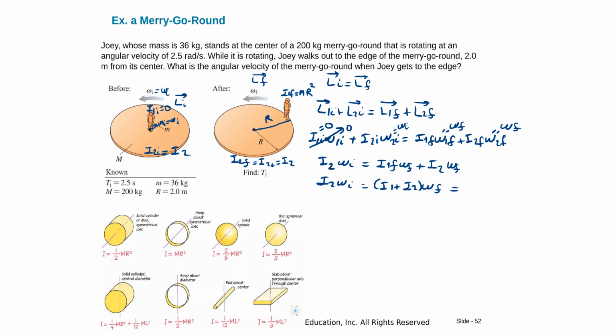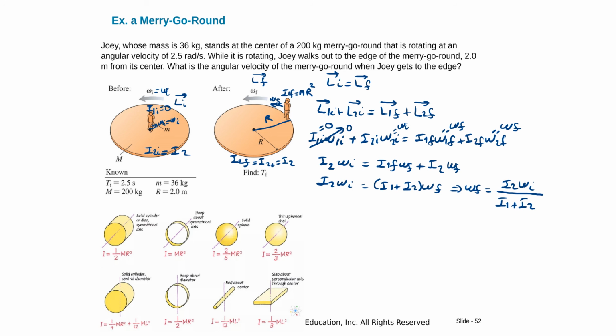Then we solve for omega final: I2 omega initial divided by I1 plus I2. Again, they have the same final angular velocity because the person is rotating with the same angular velocity at the edge of the merry-go-round. That's the idea here.